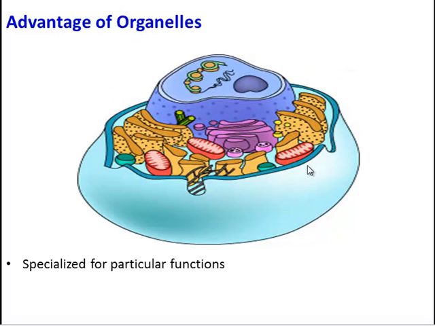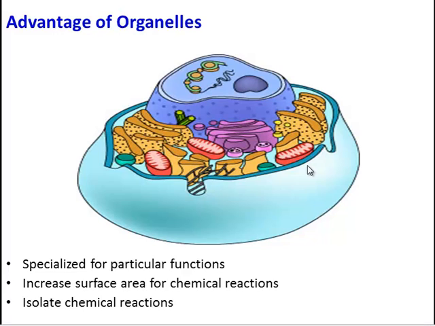Those different organelles, first of all, are specialized for different functions, but they also increase the surface area for chemical reactions to occur. And they isolate chemical reactions, just like people doing different jobs sometimes benefit from having their own space to do their work. So all of these things improve efficiency.